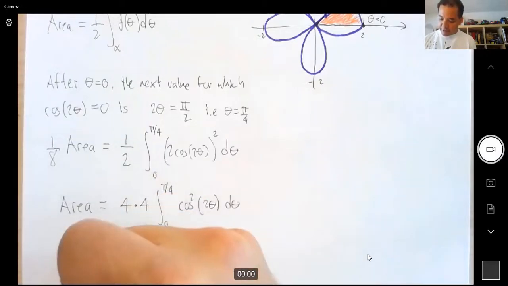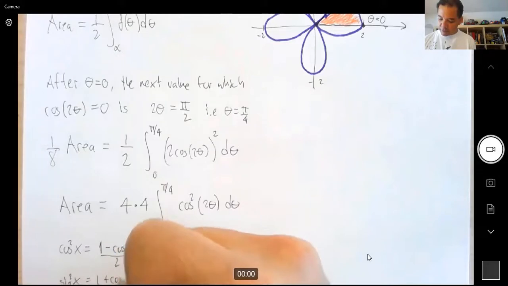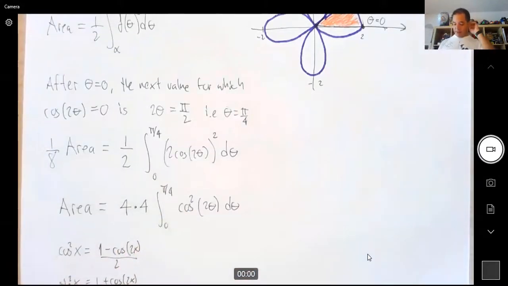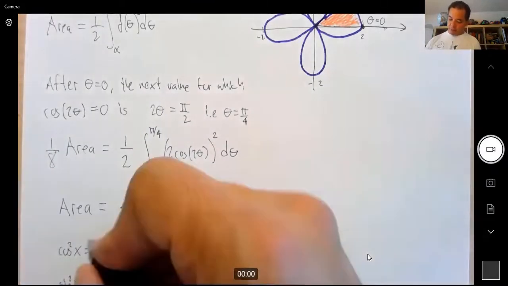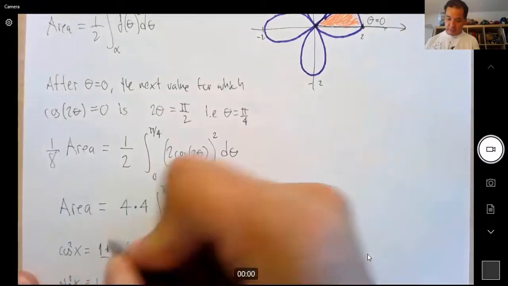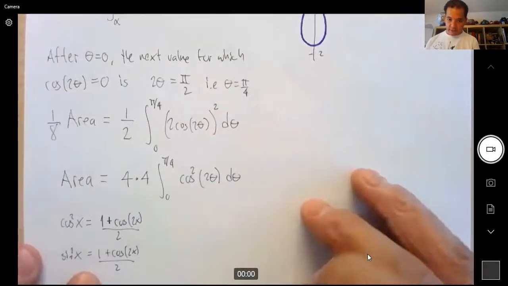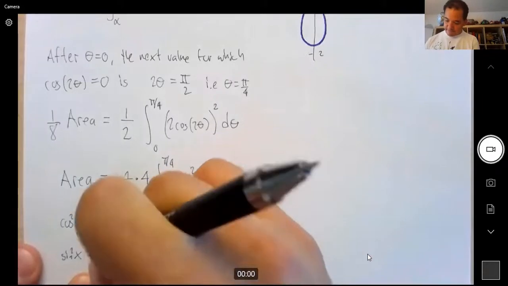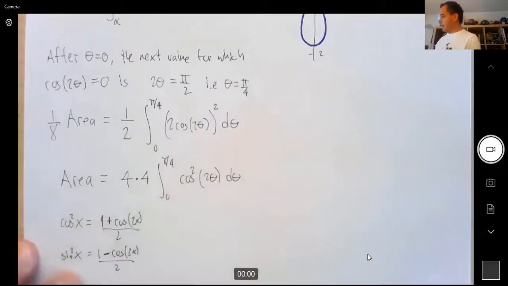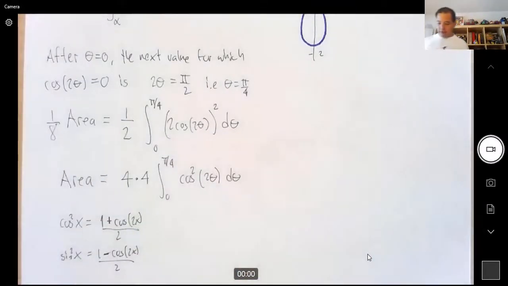Let me check. Yeah, it's the positive one for cosine squared, right?